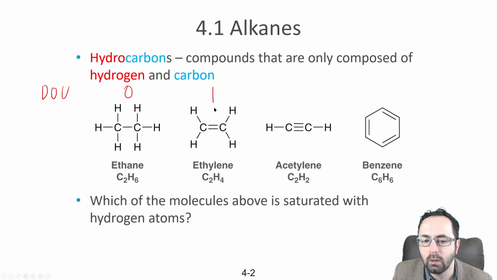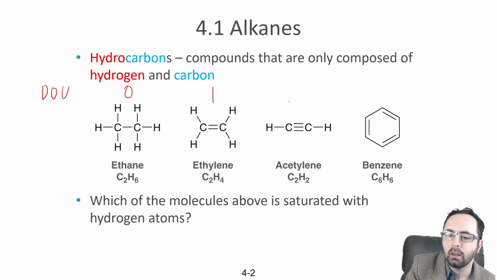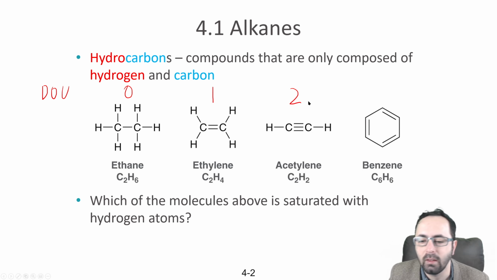What a degree of unsaturation of 1 means is that you're going to have 2 less hydrogens that can attach, and you can see the result in the formula here. There's 2 less hydrogens. A triple bond confers 2 degrees of unsaturation. Therefore, you have 4 less hydrogens than you could have with the saturated compound with all single bonds, and so you get C2H2.